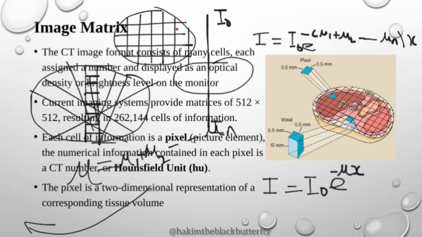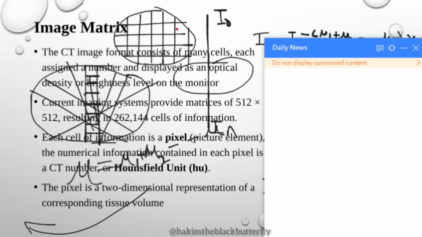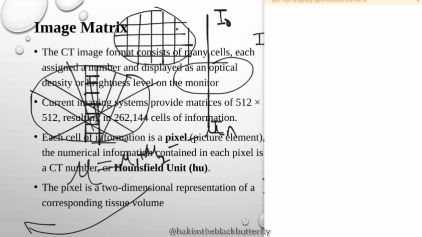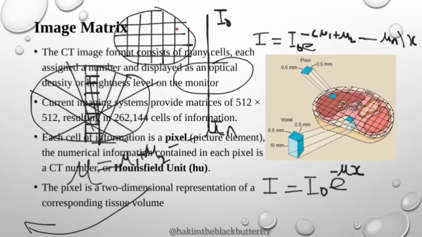Because it is not going to display attenuation coefficients, it displays CT numbers. So it will use the attenuation coefficient for every pixel to calculate its corresponding CT number or Hounsfield unit, as we are going to see.